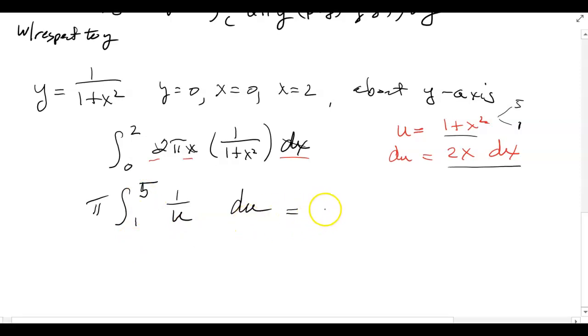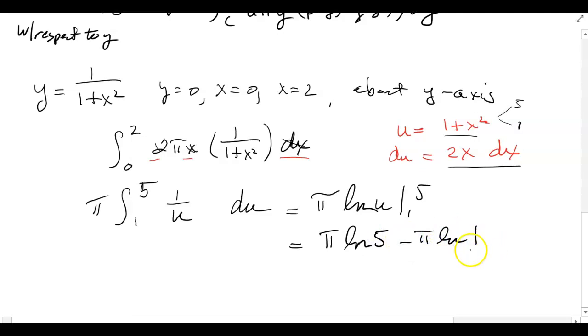So this is just going to give us now pi ln of u from 1 to 5 minus pi ln 1, and e to what power equals 1, that's 0, that goes to 0, so your answer is pi ln 5.